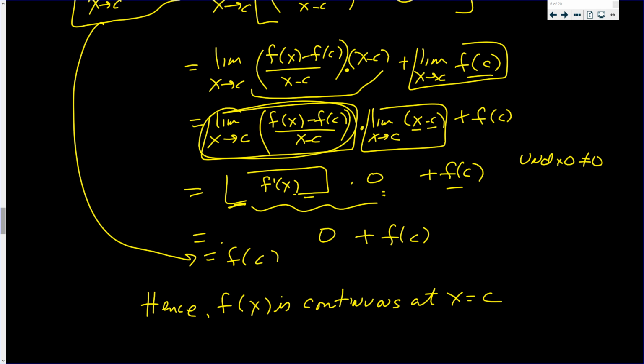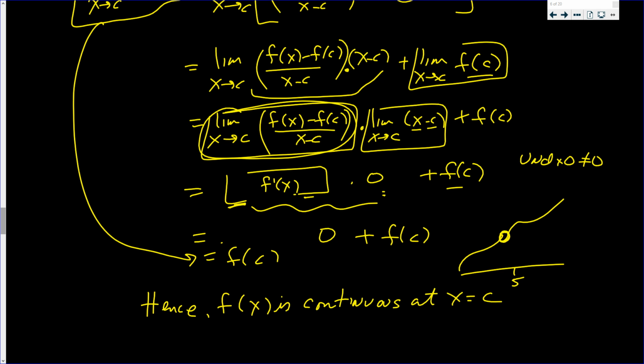If you're differentiable somewhere, you have to be continuous at that point. That's a necessary condition for a derivative to exist. May not always be sufficient, may not always be enough, but if you're not continuous at a point, this graph right here, no way is it differentiable at 5 because it's not continuous at 5.